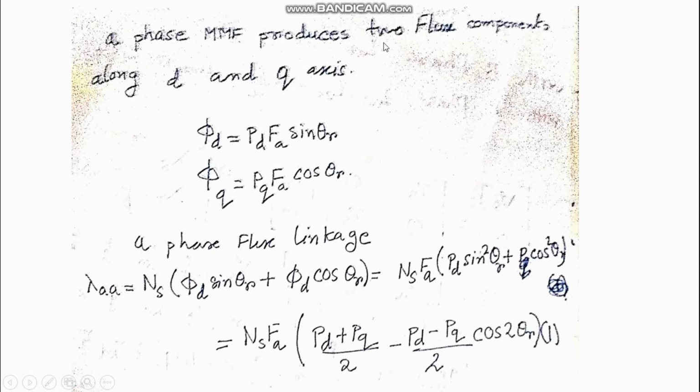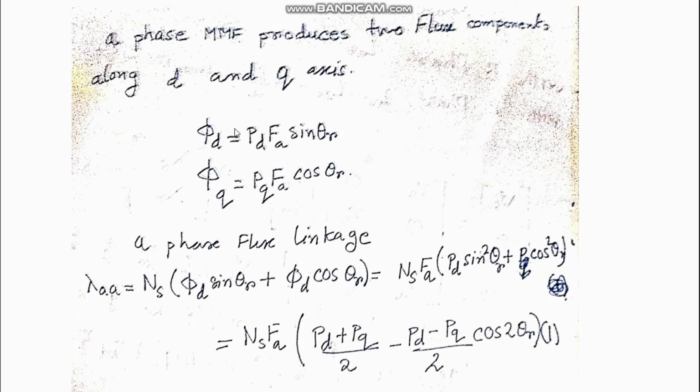Now, here you will be facing lots of equations, and in order to save our time, I just wrote them in a copy and took a picture. So the A phase MMF produces two flux components along the D and Q axis. Here phi D and phi Q are the two flux components along the direct axis and quadrature axis.